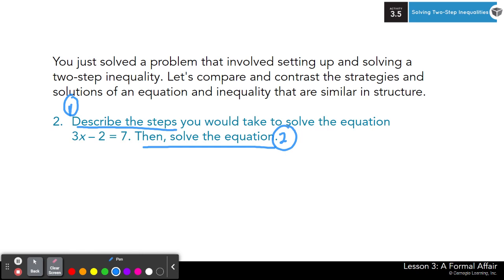An equation like this you should be able to do on your own by now. So I want you to complete it on your own or with a partner. This question is twofold, so make sure that you describe your steps and show your work for solving. We will compare answers in about 3 minutes. Pause here.